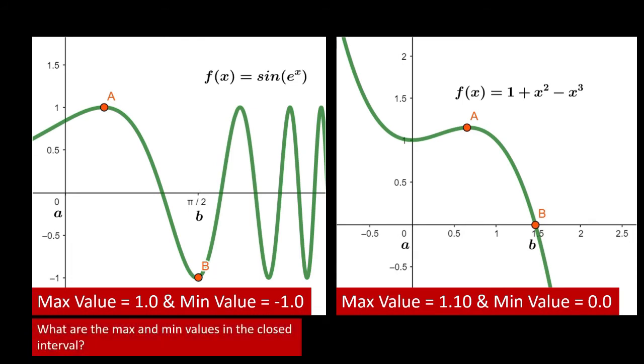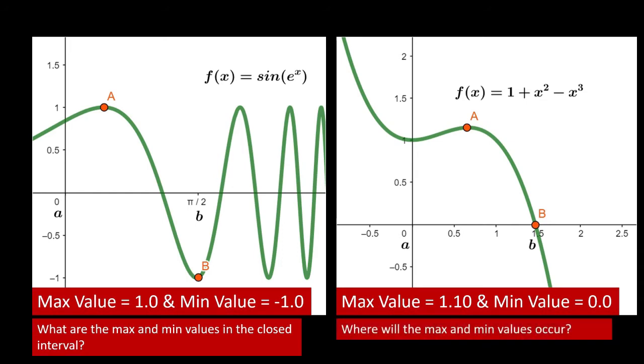Now, our concern when we are studying maximum values and minimum values is not only about what is the maximum or what is the minimum. We shall also be concerned with what values of x, or where, you will find the maximum value and minimum value.